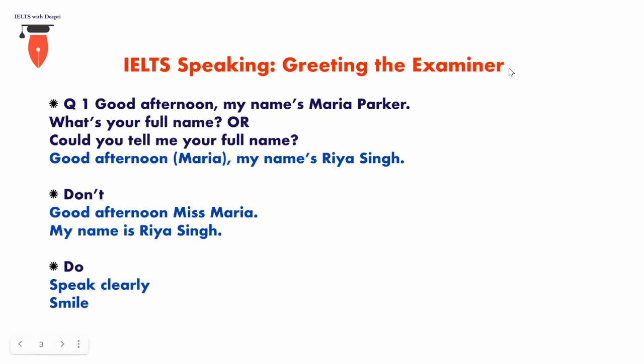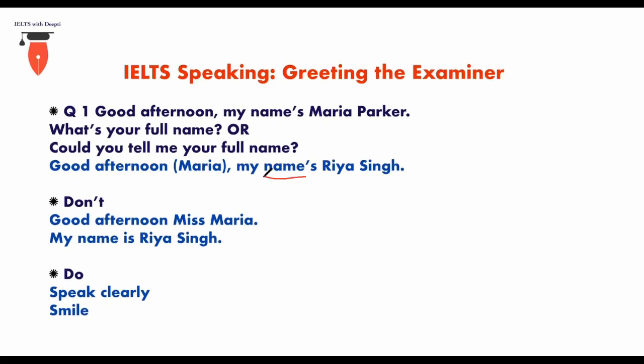Now, in this case, we need to understand the importance of contractions. Now here, instead of saying, my name is Ria Singh, we will say, my name's Ria Singh, or whatever your name is, you can add that. Now here, name apostrophe S is actually a contraction of name is.